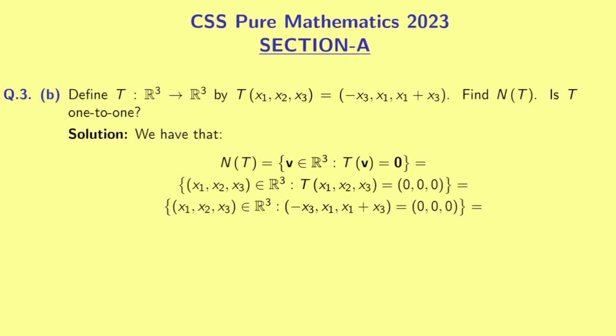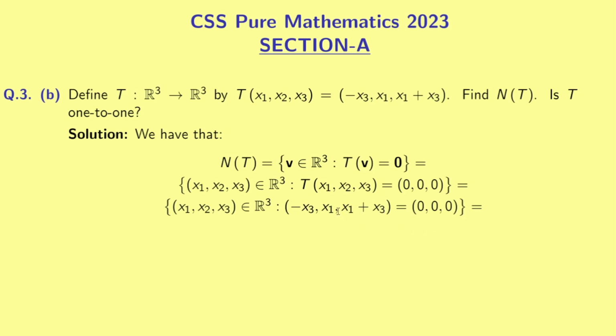As we can see, we have a linear system to solve. It's a pretty easy one, because since minus x3 must be 0, obviously x3 must be 0. From the second equation, we have x1 must be 0, and since x3 and x1 are already 0, x1 plus x3 is automatically 0.